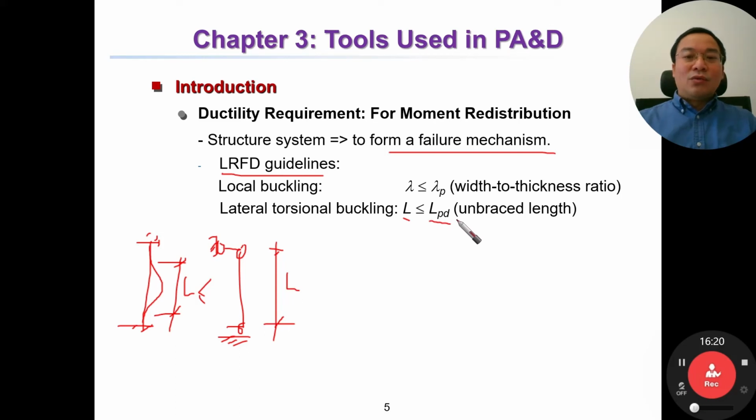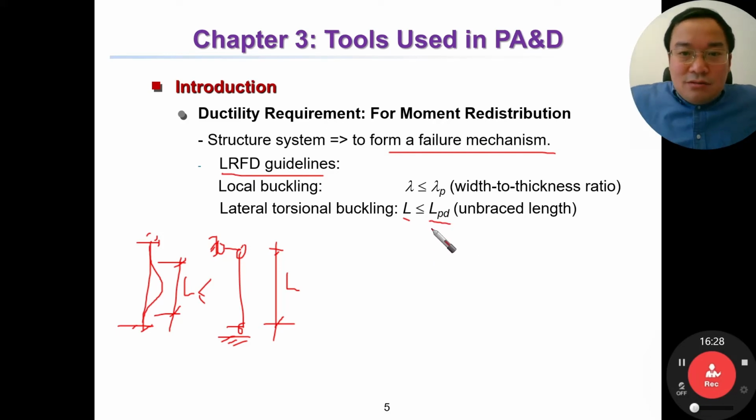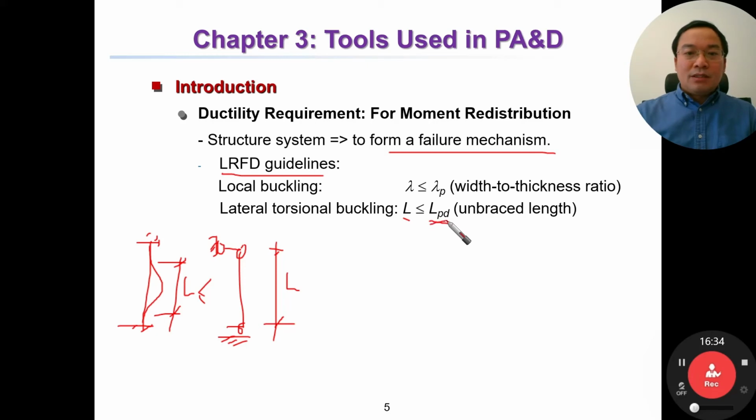That is what we call the unbraced length. This value can be calculated using a given equation, and I will talk about the equation later. But just understand that we have a given unbraced length as a requirement, and the effective length should be smaller than that specific value.